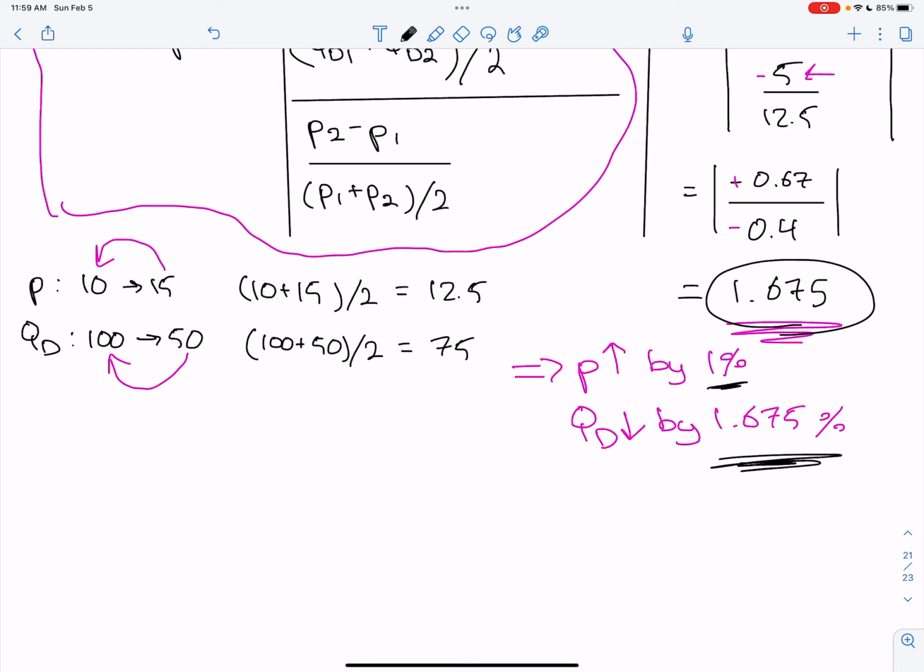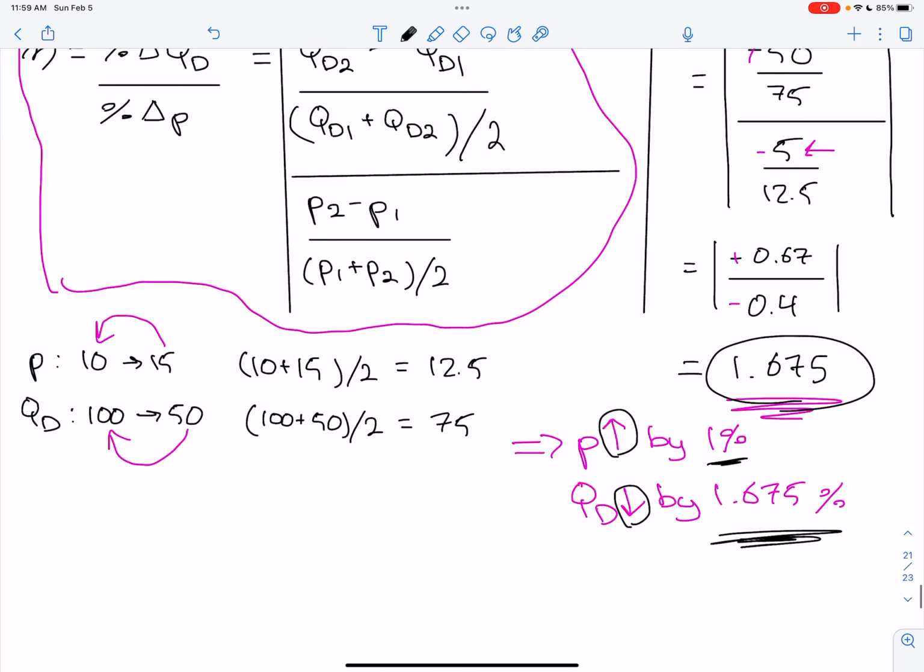Now the first thing I want to say is be careful here with the direction of these arrows, right? You can clearly see here that when price goes up, quantity demanded goes down. But when you're on a test or doing an assignment, you want to make sure that these arrows are correct.